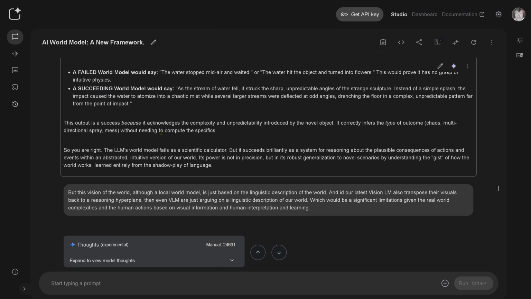So it tells me, you're right, the LLM world model fails here as a scientific calculator, but it succeeds brilliantly as a system for reasoning about the plausible consequences of actions and events within an abstracted, intuitive version of our world.